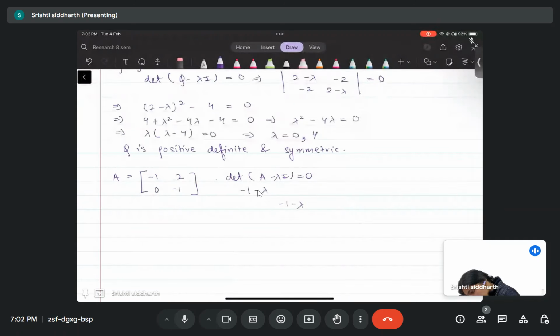Minus 1 minus lambda, 2, 0, minus 1 minus lambda. So this is minus 1 minus lambda squared equals 0.